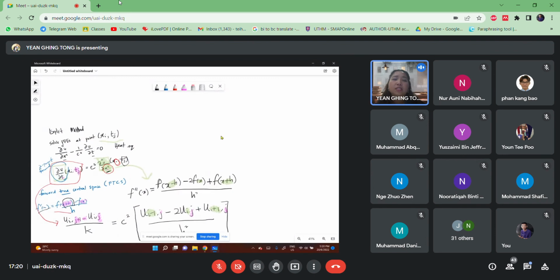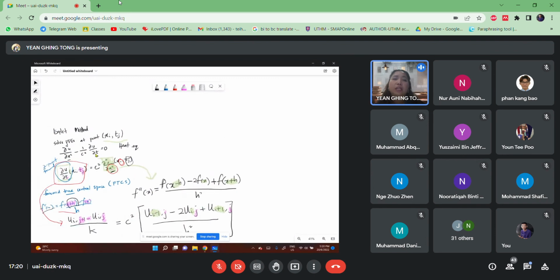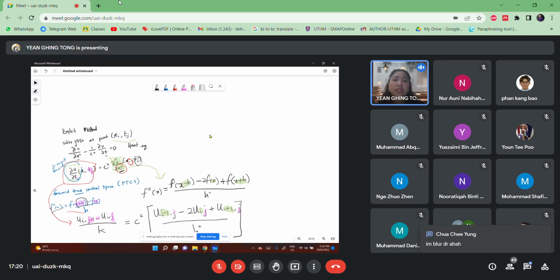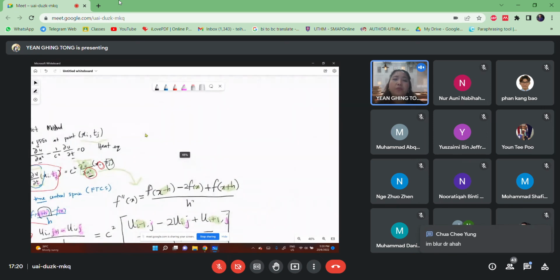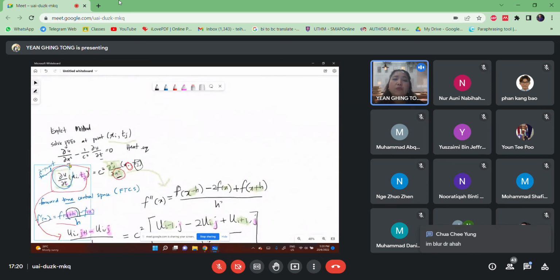Okay. Sekarang, now we are in a heat equation. Okay. Heat equation, dia macam ni. Heat equation, it will have the second partial of u respect to x. Okay. And partial of u respect to t. Kalau kita tengok di sini, we will have two independent variables, one is x, another one is t.